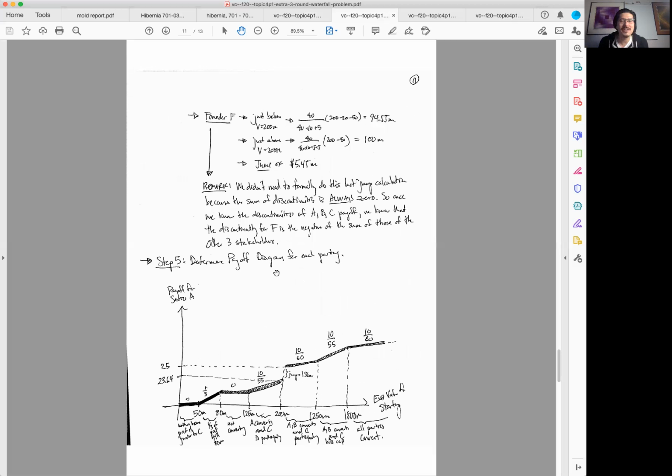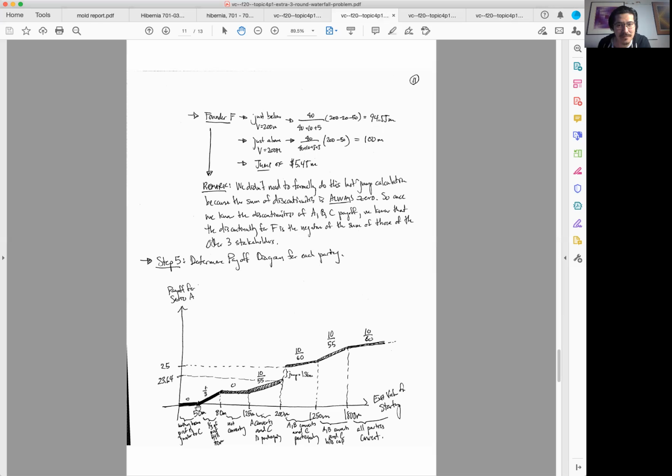All right. Well, now given this, we can put a bow on this wonderful gift called waterfall analysis and figure out our payoff diagrams. Okay. Let's look at Series A. Series A, they get nothing from 0 to 50 because Series C has the senior liquidation preference. Do we agree with that?